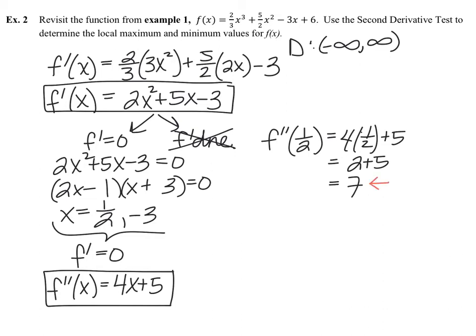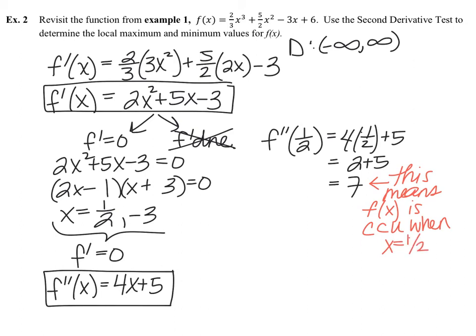We ended up with a positive second derivative value. So this means the graph of the function, f of x, was concave up when x equals 1/2. So this means f of x is concave up, I'll write CCU, when x equals 1/2.